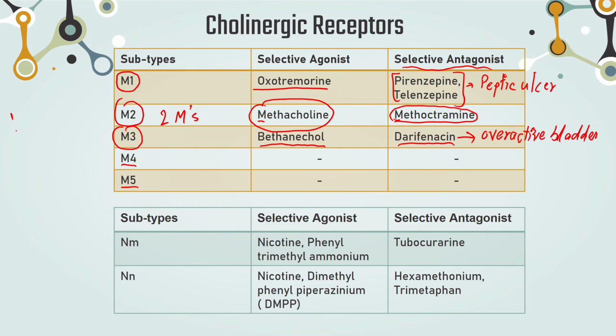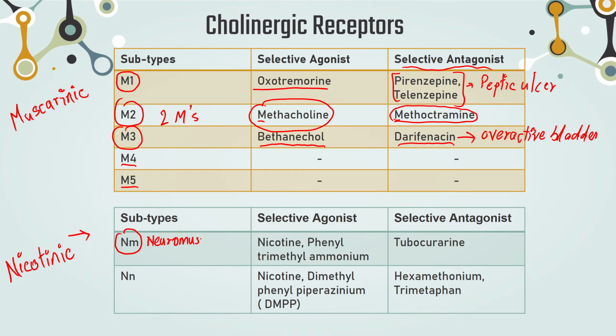Now these were the muscarinic receptors. Moving further to the nicotinic receptors. First one, NM subtype, neuromuscular.